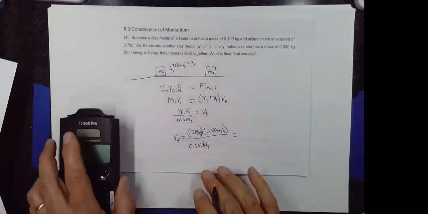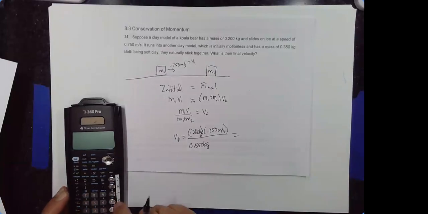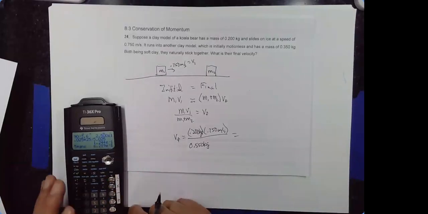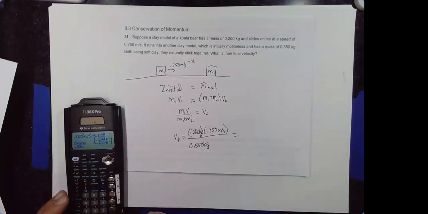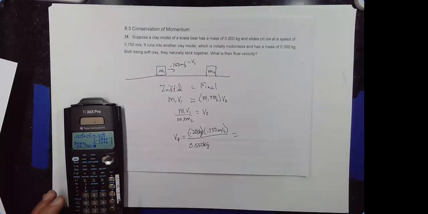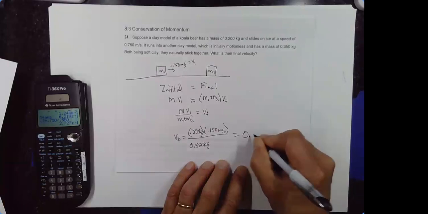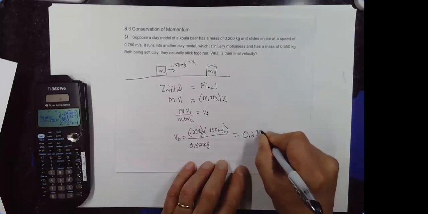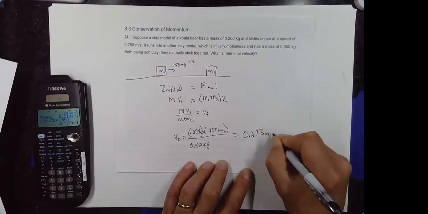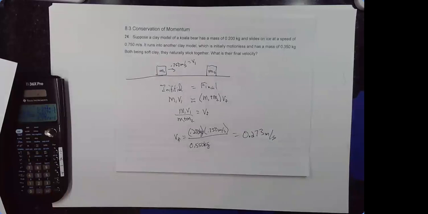And that's all I have to do: plug in the numbers. 0.2 times 0.750 divided by 0.550. And it's not going very fast at the end. I get 0.273 meters per second.